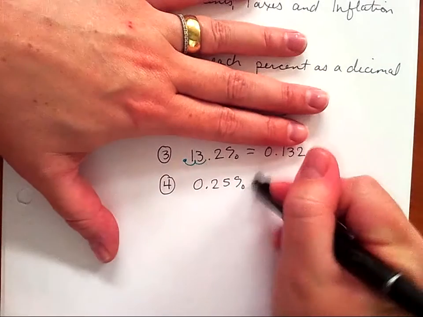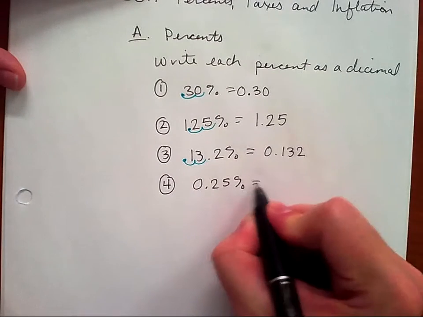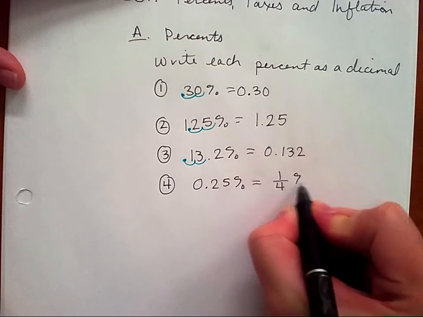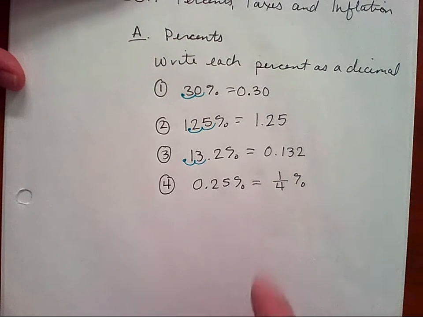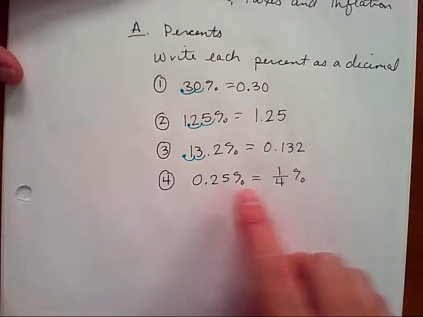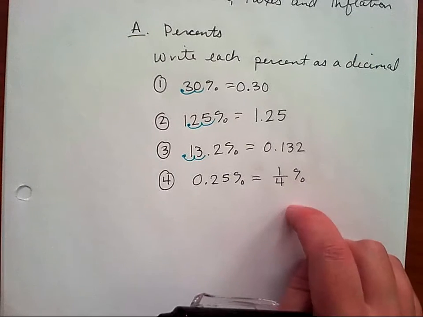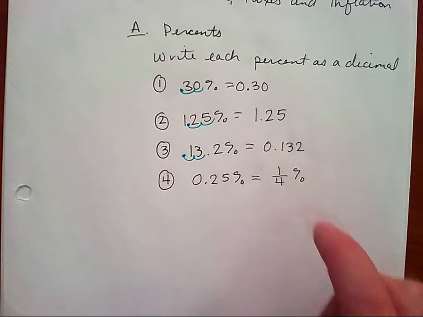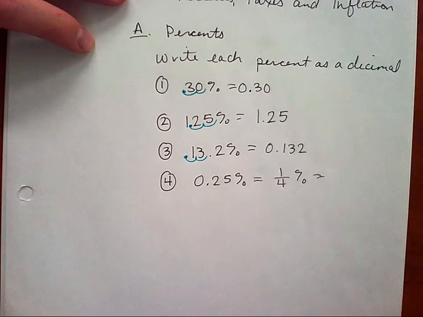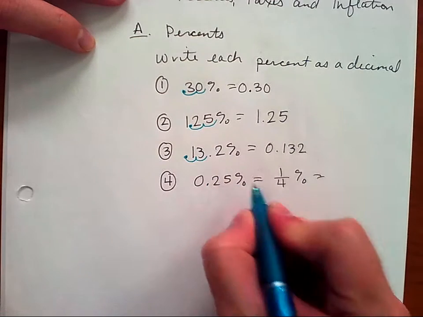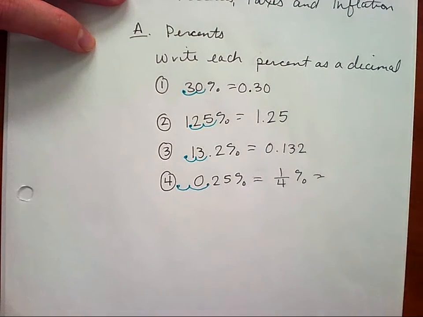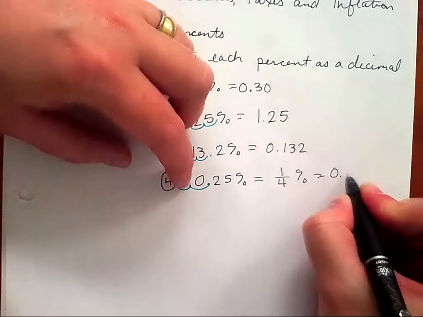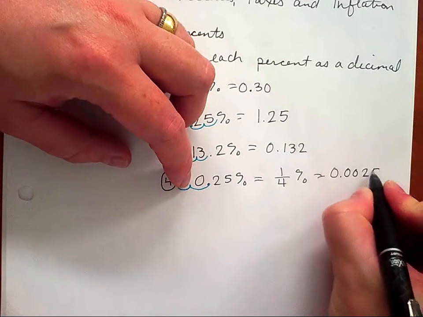So I'm going to write this as equals 1/4%. Okay, how do I write that as a decimal? So that's translating the news article into the percentage, okay? Now, no matter what, if there's the percent symbol, I'm moving it to the left twice. So it's 0.0025. Good.